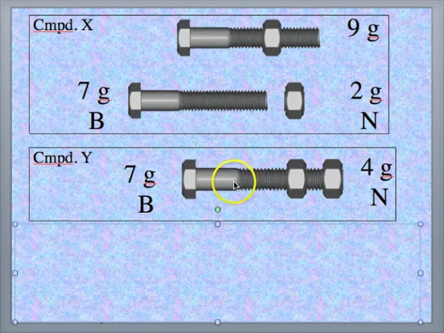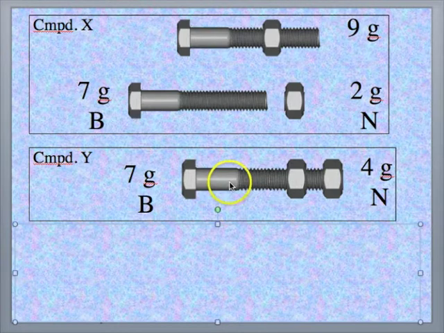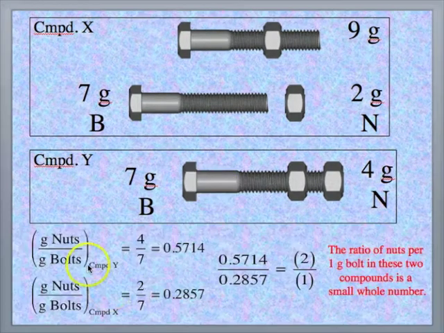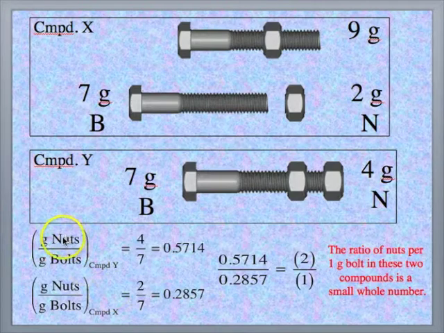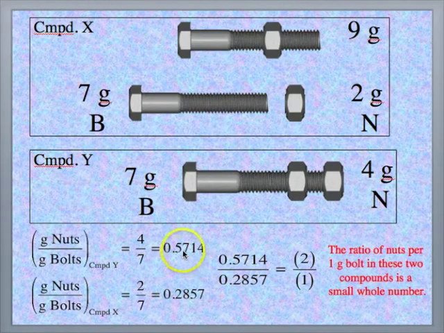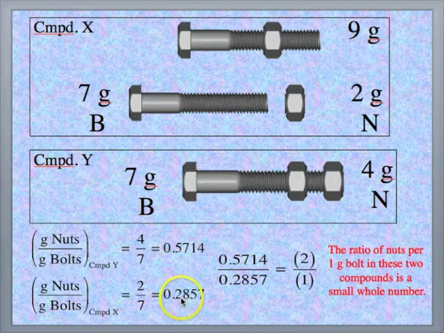The mass ratio of nuts in the two compounds has to be a small whole number relationship if the mass of bolts is held constant in the two compounds. Dividing the grams of nuts by the grams of bolts in each compound gives us the grams of nuts per 1 gram of bolt in each compound.